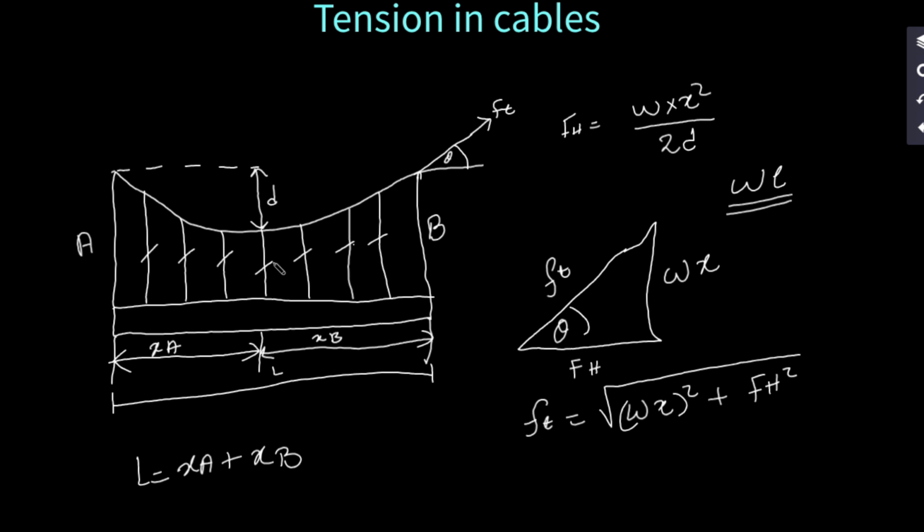And if you are dealing with a bridge that has equal supports or equal towers, we are going to have x as being equal to L divided by 2.